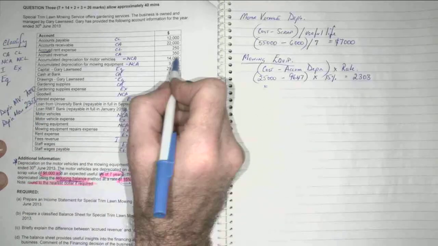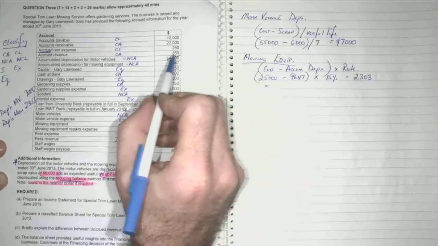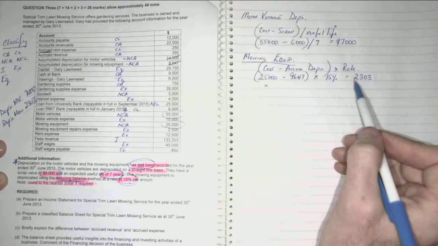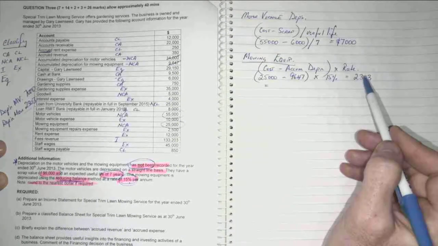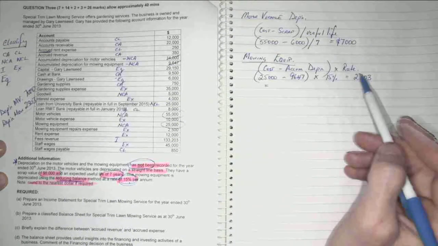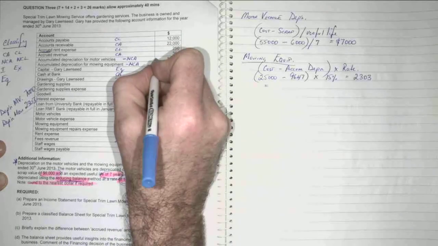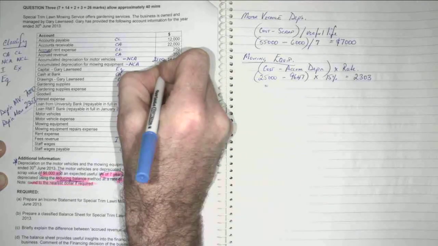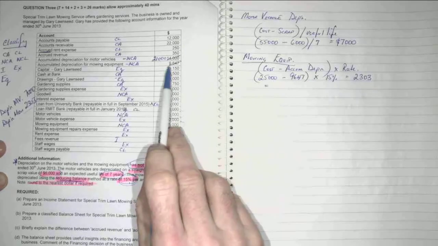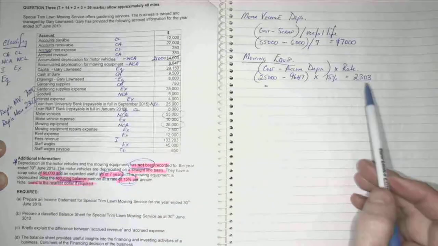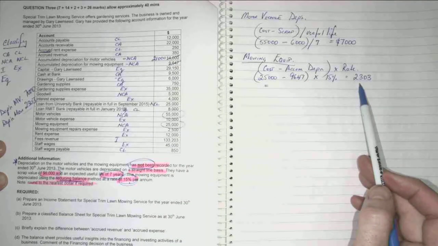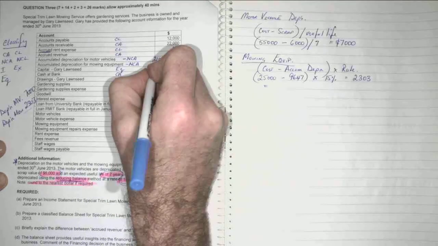But what I'm also going to do is adjust my accumulated depreciations to reflect the two calculations we've already made. So my first one is 7,000 plus my 14,000 makes 21,000. And then 9,647 plus my 2,303 makes 11,950.